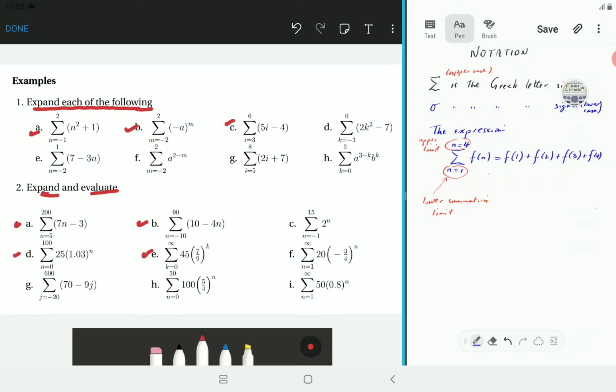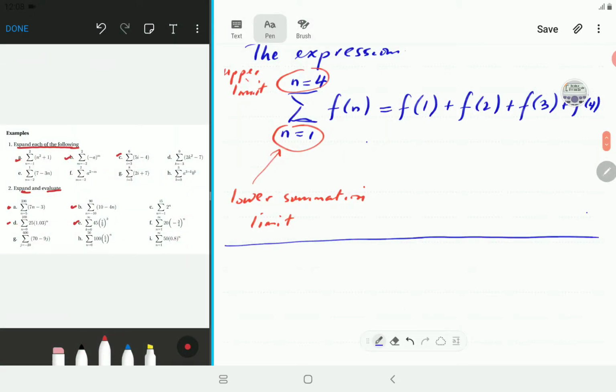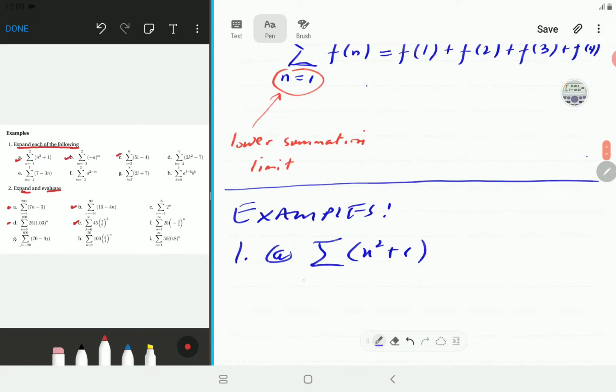All right, so let's start with number 1A. Number 1A is a summation of n squared plus 1 from n equals to -1 to n equals to 2.